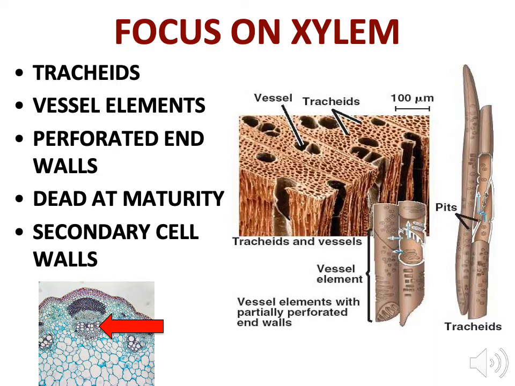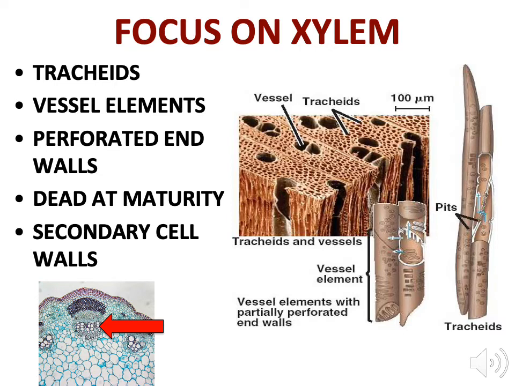So if you take a look at this scanning electron micrograph photograph of xylem tissue, you will see tracheids, which are the teeny tiny little holes, and vessel elements, which are the much larger holes. That is actually probably a section through something like an oak tree.